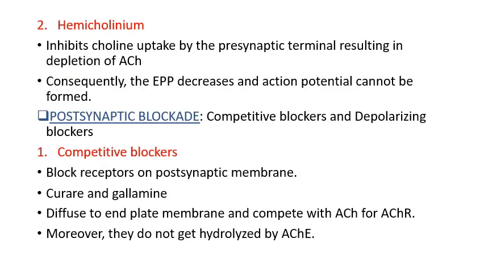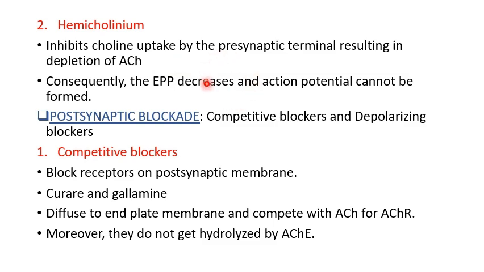Next example in the presynaptic blockade category is hemicholinium. Hemicholinium basically inhibits the choline uptake by the presynaptic terminal, resulting in depletion of acetylcholine. As we know, acetylcholine esterase degrades the acetylcholine in the synaptic cleft into acetate and choline.